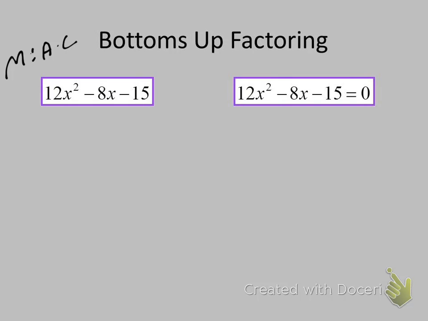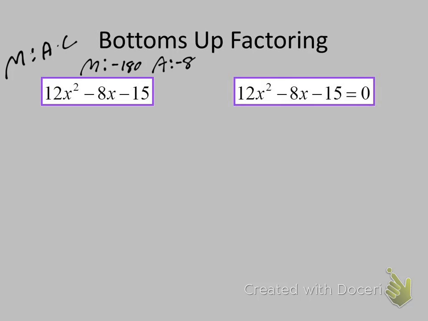But your multiplied number is actually A times C with these. Now this is a little bit lengthier process, but you still start off the same way. You go for your multiplied number, you go for your add number. So your multiplied number, keeping in mind that now you're looking at A times C, AX squared plus BX plus C, so 12 times -15 gives you -180. Your add number always stays the same, and in this case it's -8.